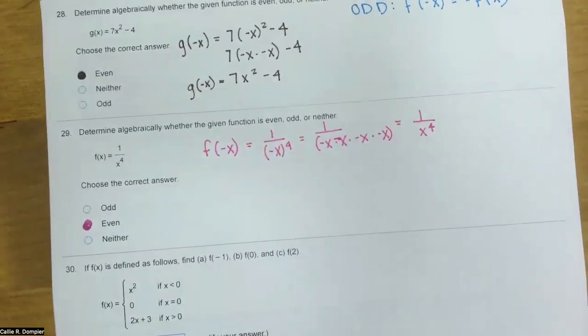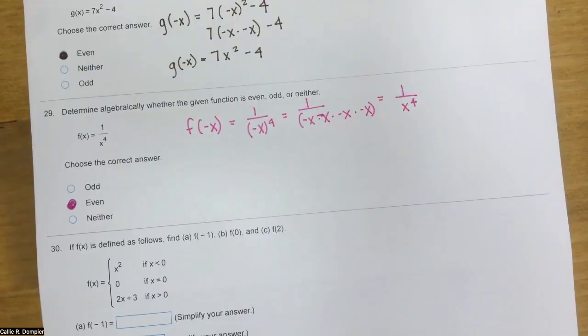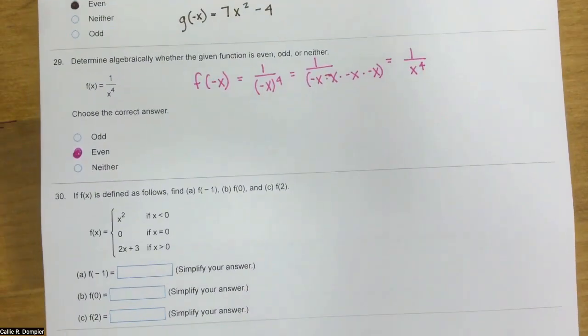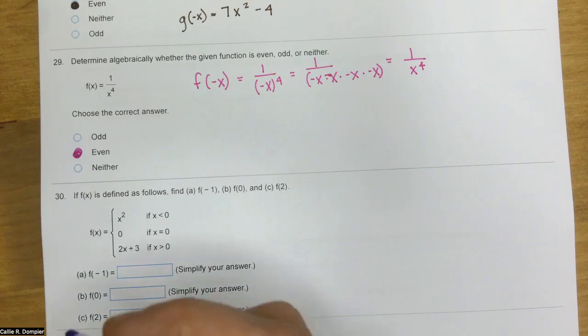All right, number 30. If f of x is defined as follows, find f of negative 1, f of 0, and f of 2. The math isn't difficult, but just understanding what they're asking is the most difficult part, okay?